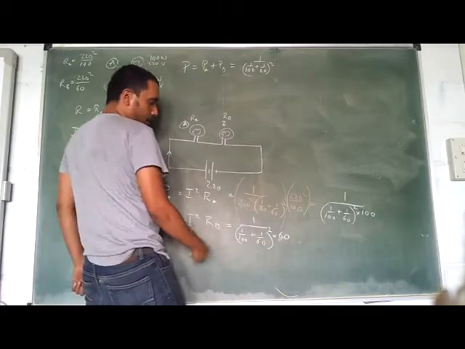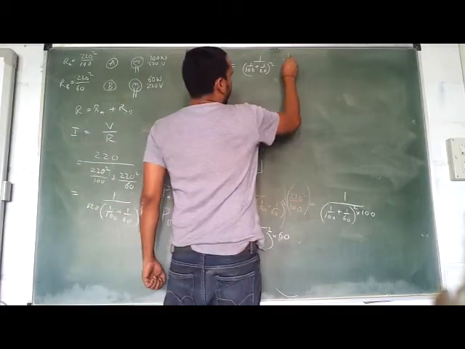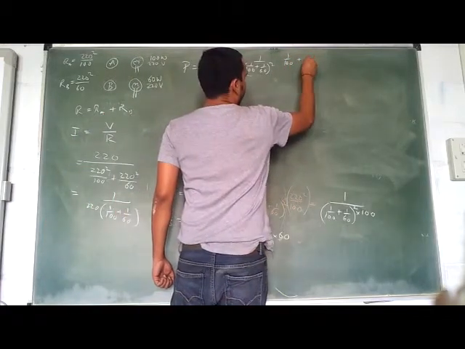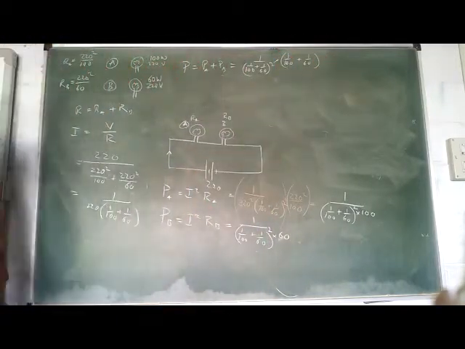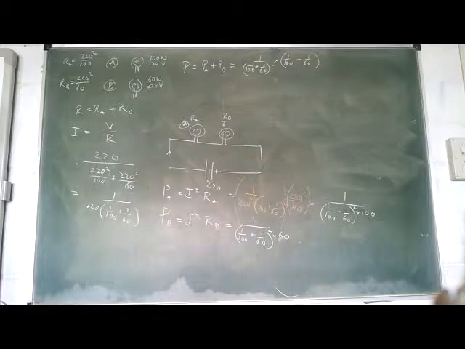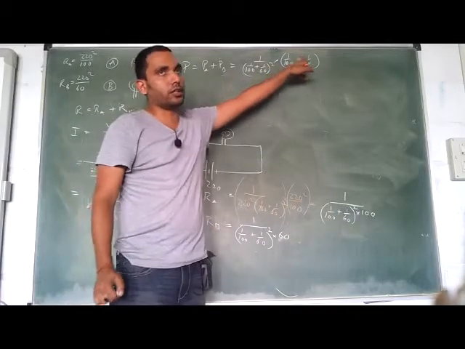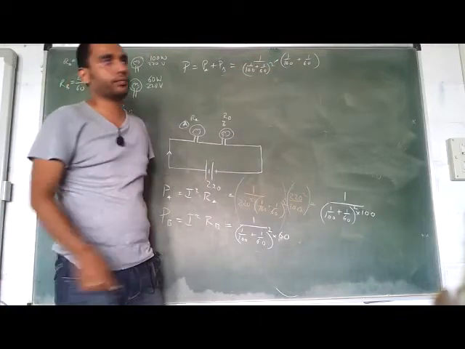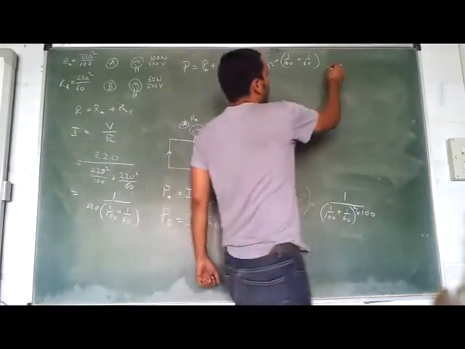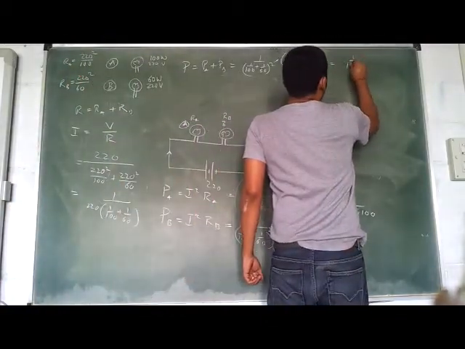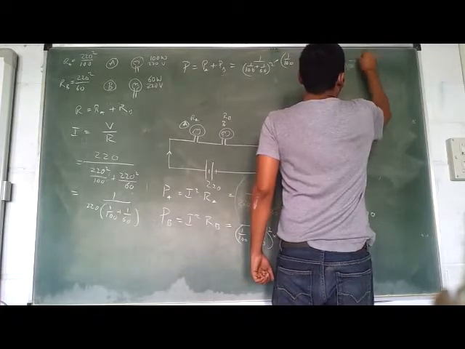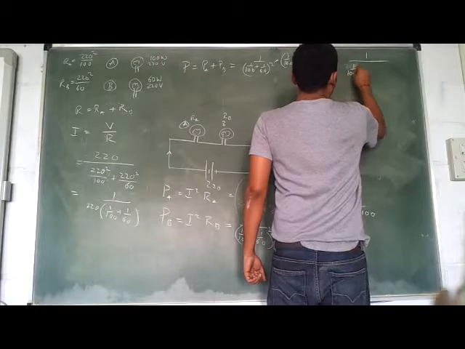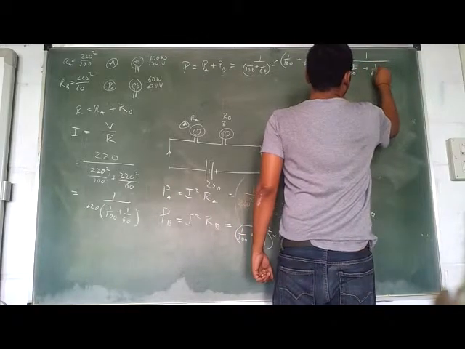From the first one I get 1 by 100, and from the second one I get 1 by 60. If you carefully see, this square gets cancelled with that. And what you get eventually is 1 upon 1 by 100 plus 1 by 60.